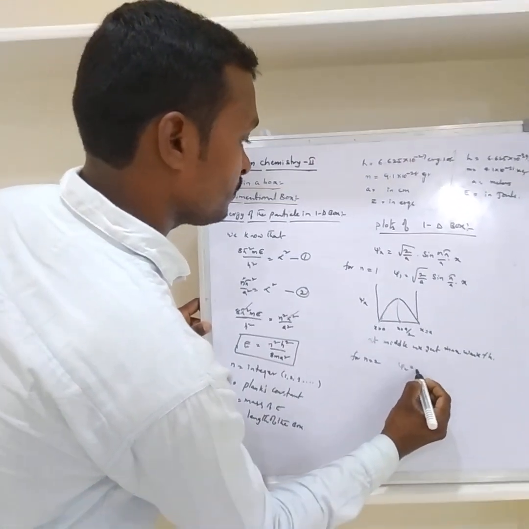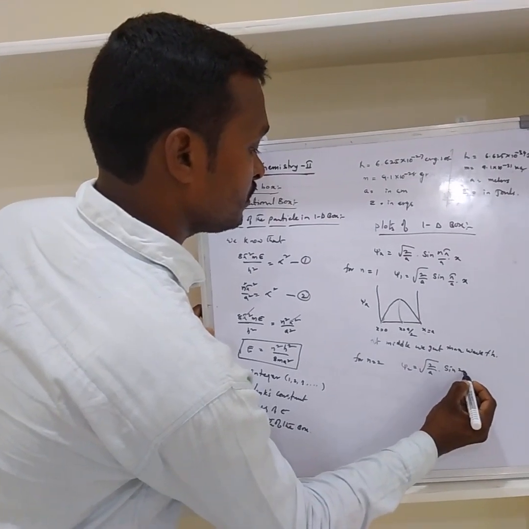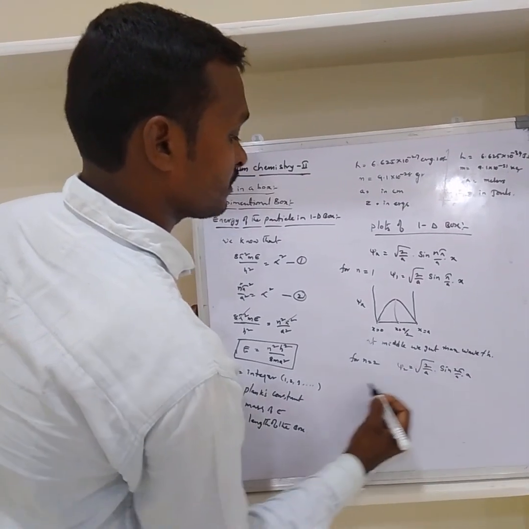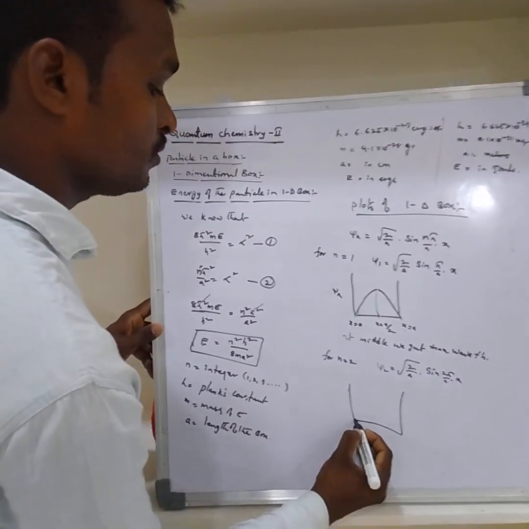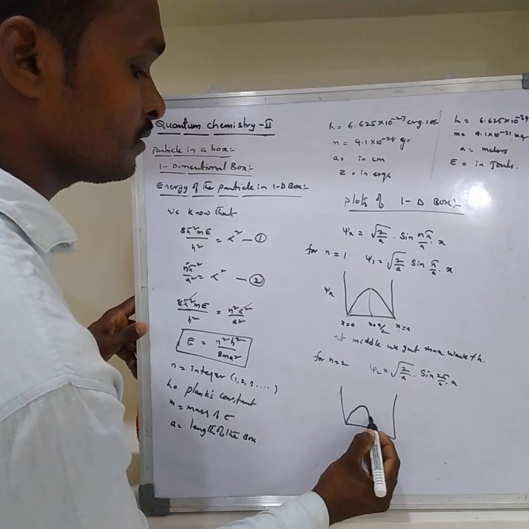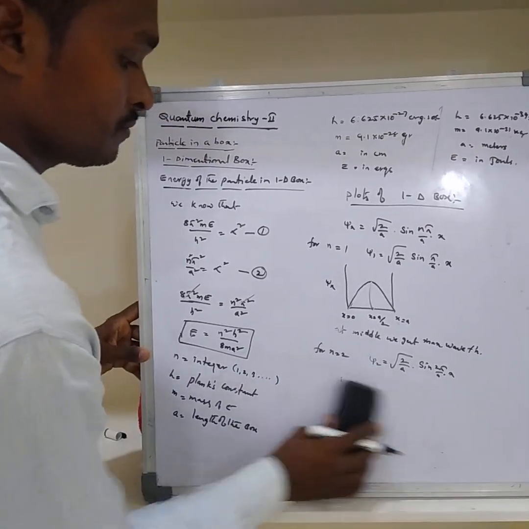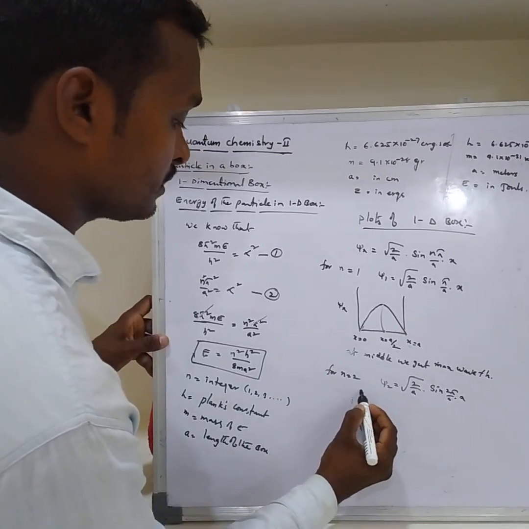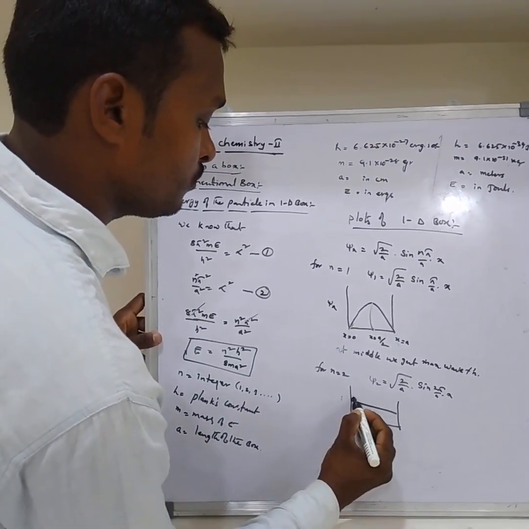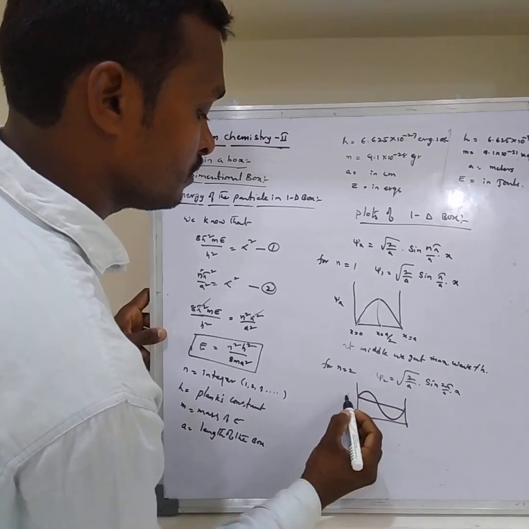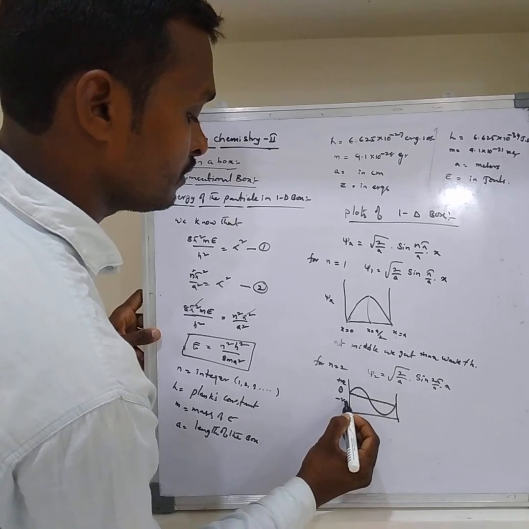Similarly, for n equal to 2, psi 2 is root of 2 by a sin(2 pi x by a). Similarly, we get two nodes. Here psi equal to sin x will give positive values and negative values: this part is positive and this one is negative.